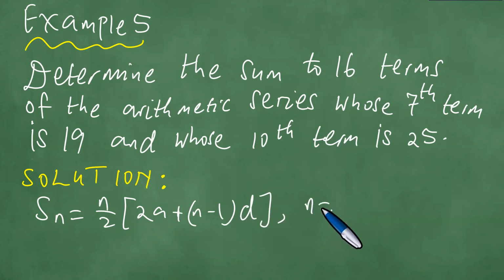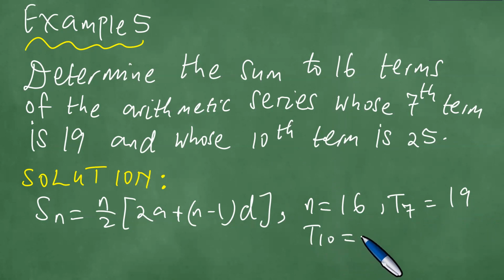Right, so the sum to 16 terms of the arithmetic series. Okay, so it's a sum to 16 terms, meaning n is 16. Whose 7th term is 19 and whose 10th term is 25, so they've given more information.